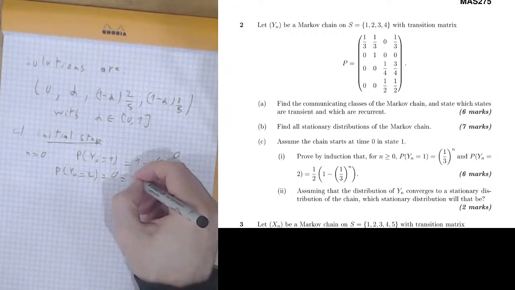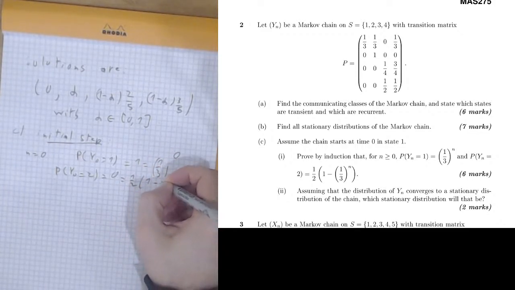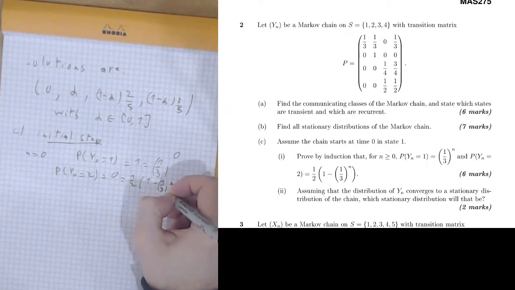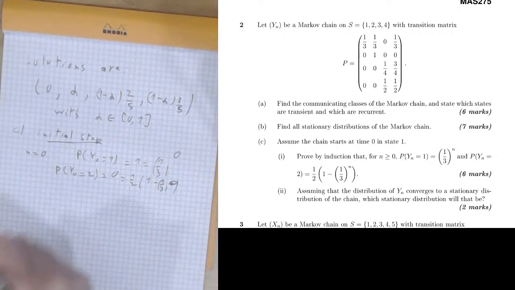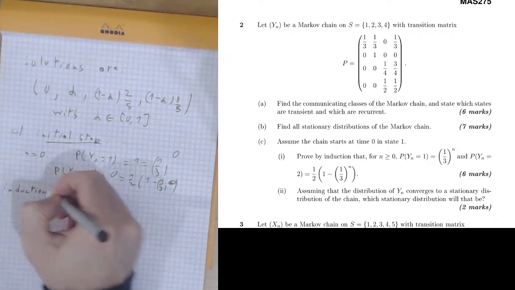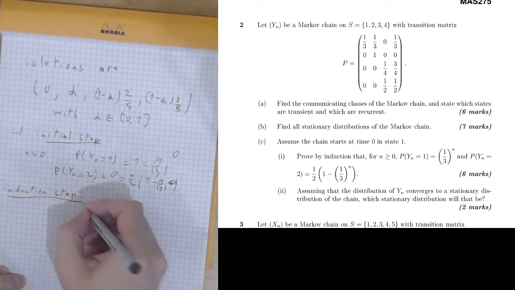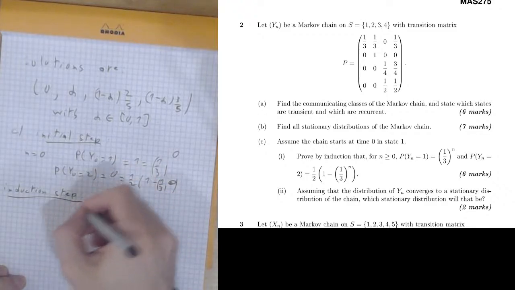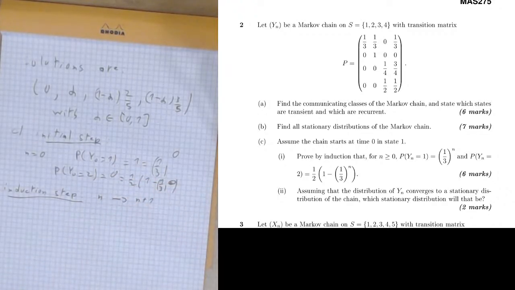And yes, 0 is indeed equal to 1/2 times 1 minus 1/3 to the n, well, to the 0, because this is 1 and we get 0. And then induction step. So assume it's true at time n and show that it holds at time n plus 1.